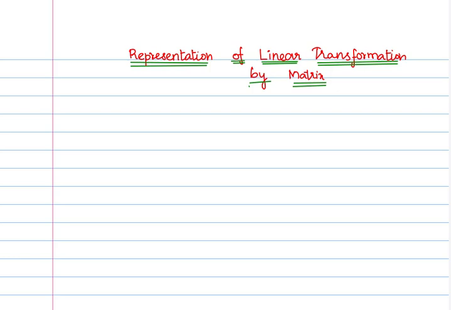We know that the multiplication of an m by n matrix A with a column vector x of size n by 1 gives a linear transformation from Rn to Rm. We already know that.